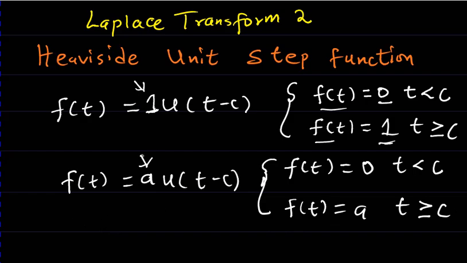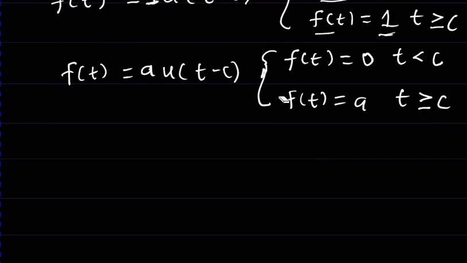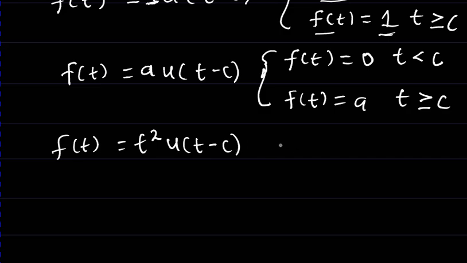Now, the function does not only output a constant value. It can also output another function. For example, if the f of t we are looking at is equal to t square times u of t minus c, what do we expect at this point?